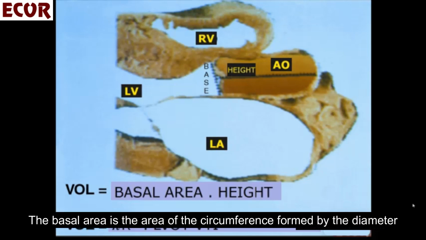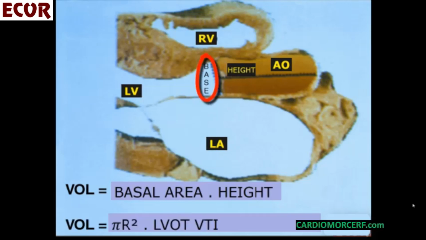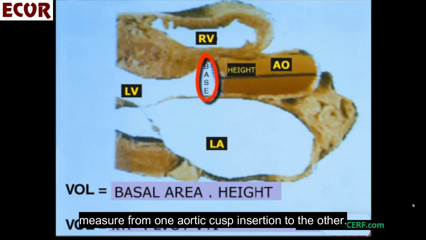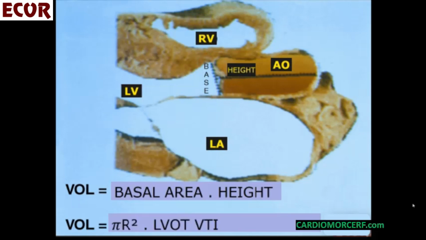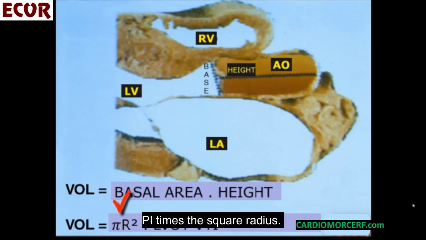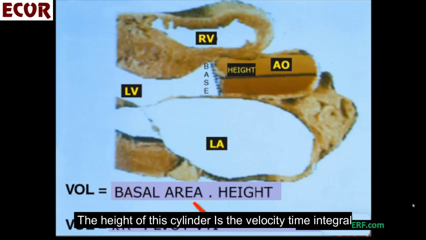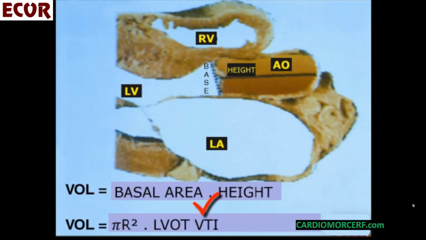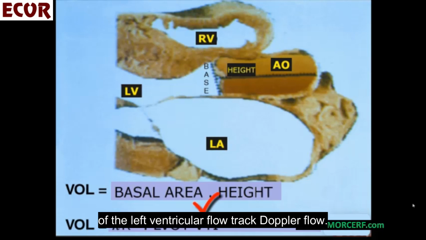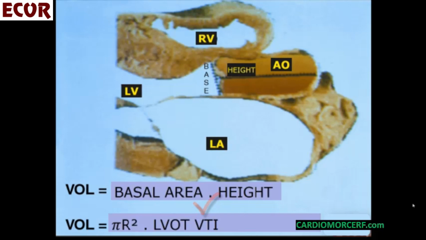The basal area is the area of the circumference formed by the diameter measured from one aortic cusp insertion to the other. In other words, pi times the squared radius. The height of this cylinder is the velocity time integral of the left ventricular outflow tract Doppler flow.